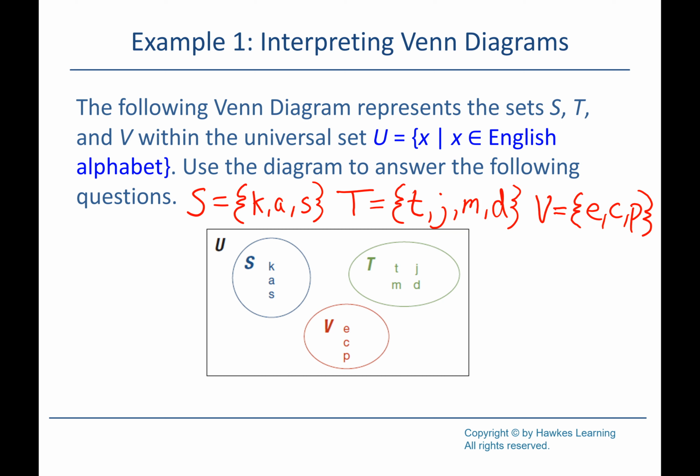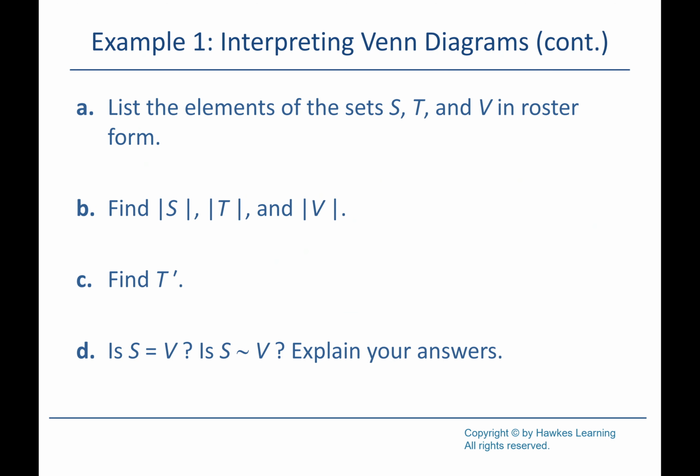Okay, B, let me flip over so you can see the question. B says find the things that look like absolute values. So what does that mean again? Cardinal number. What is cardinal number? It's how many things we got in the set, how many members we have in each set.